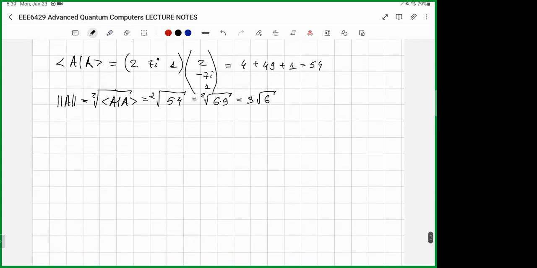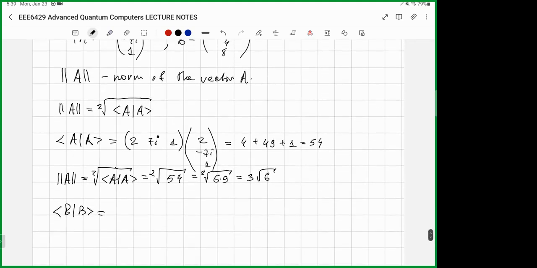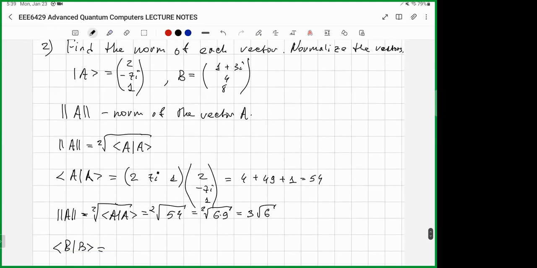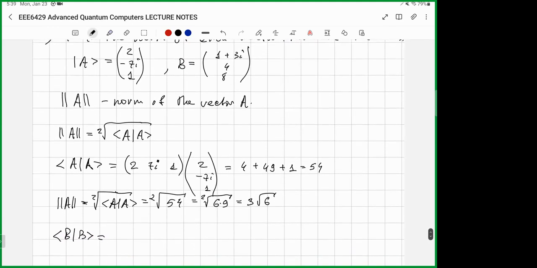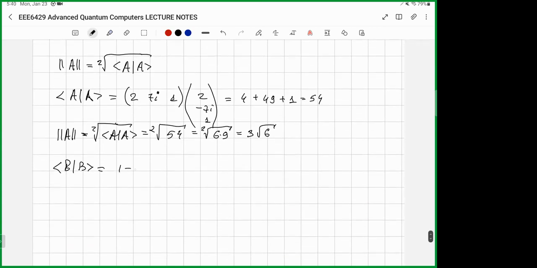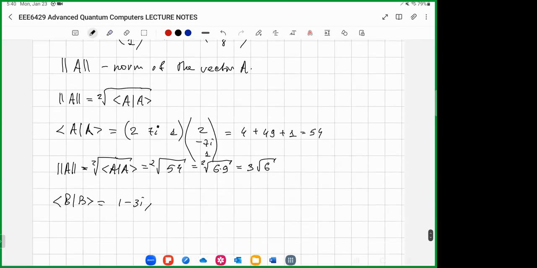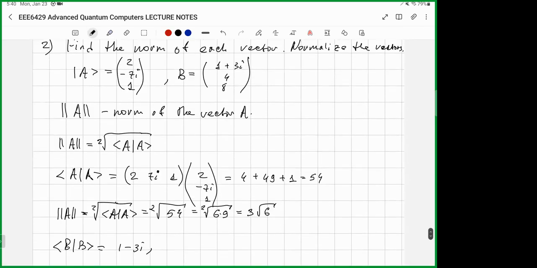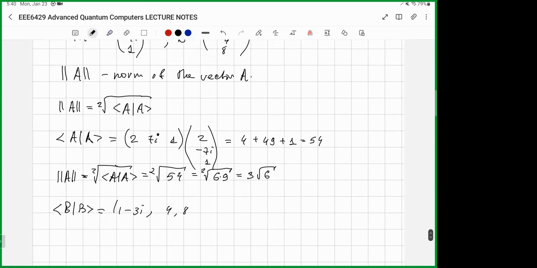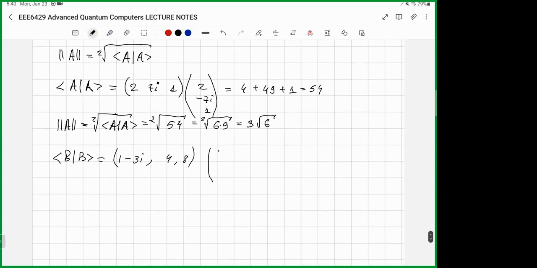Okay, so for the second vector, <B|B>, let's write this in bra notation. So it will be 1 minus 3i, 4 and 8, and the second one is 1 plus 3i, 4, 8. The same way.